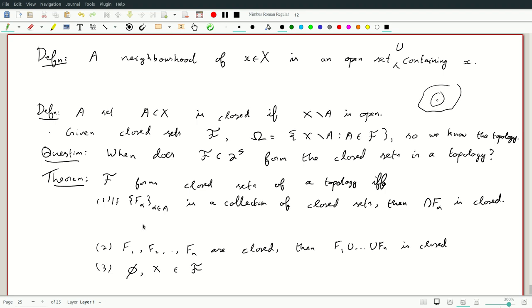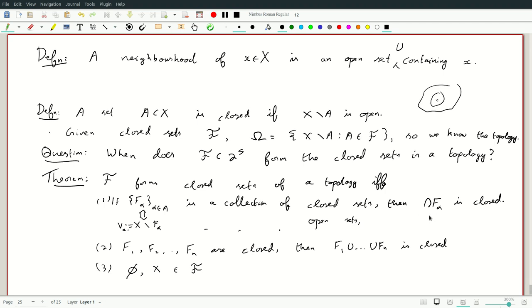Okay. Similarly, 1 will imply, if F alpha is a collection of closed sets, this is equivalent to saying that X minus F alpha, which let's call V alpha, is a collection of open sets.